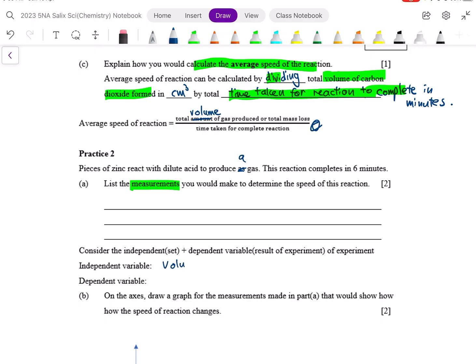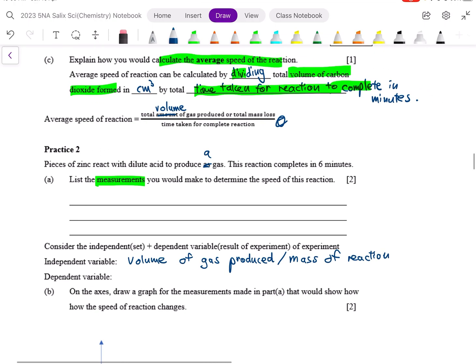It could be the volume of gas produced, or the mass of reaction mixture. Both ways can in this case. They never really restrict which way. And then the dependent variable is, sorry, wrong, apologies.